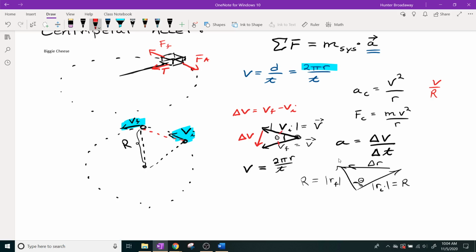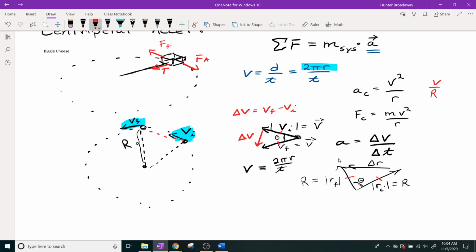VI and VF are identical to each other. So these are the two equal sides of the isosceles triangle. And then if you're dealing with RI and RF, these are the two equal sides of the isosceles triangle. So you can kind of see it's equal side, theta, equal side, theta, equal side. So these are our similar triangles.